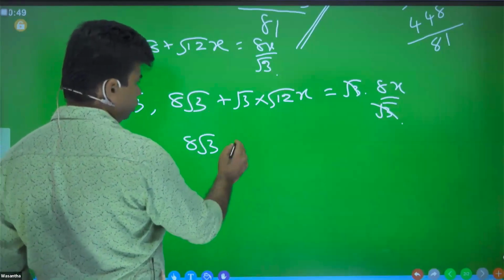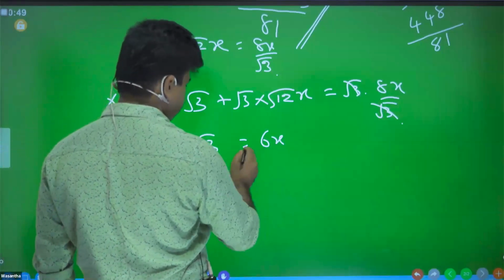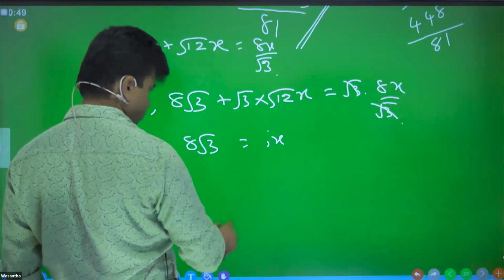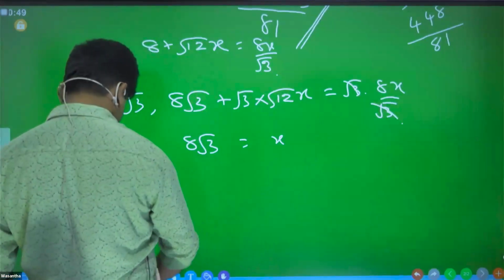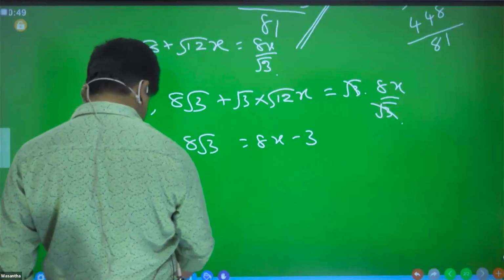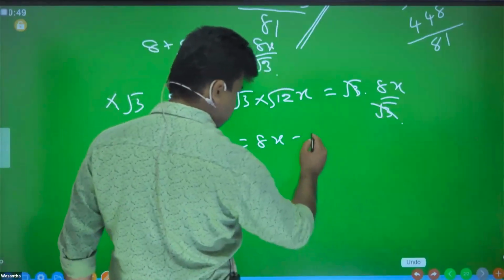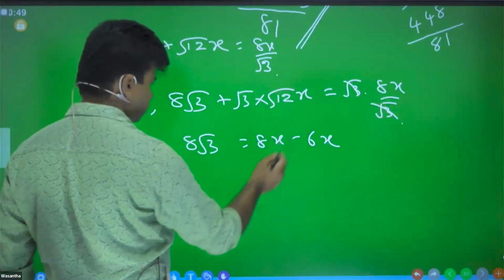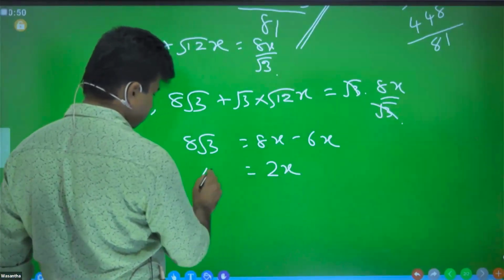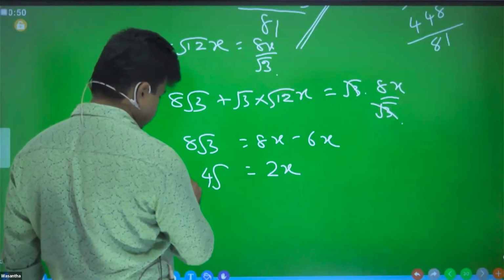So therefore, 8 root 3 equals 6x, sorry, 8x, minus 6x. After that, you get 2x. 2x equals 8 root 3.